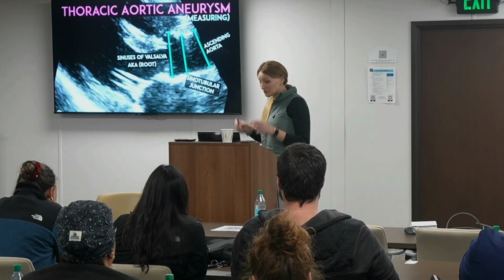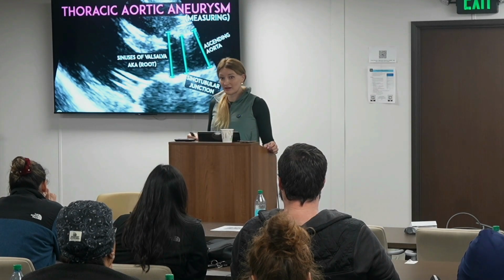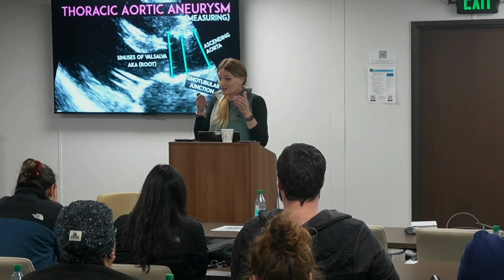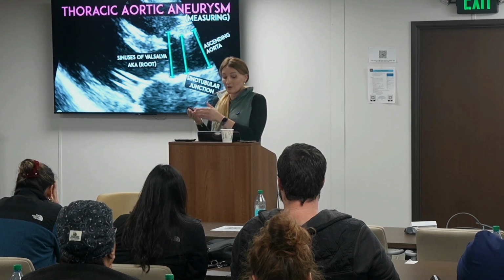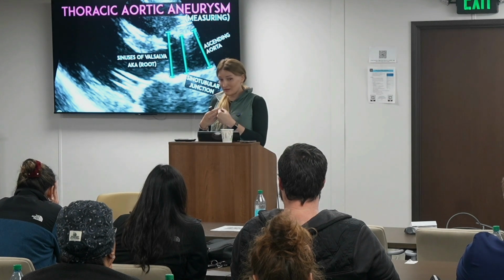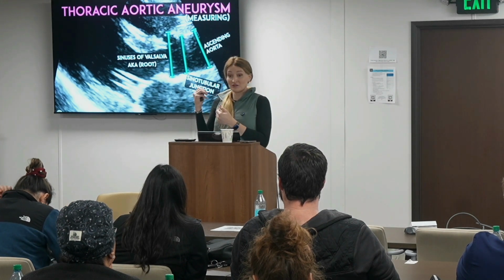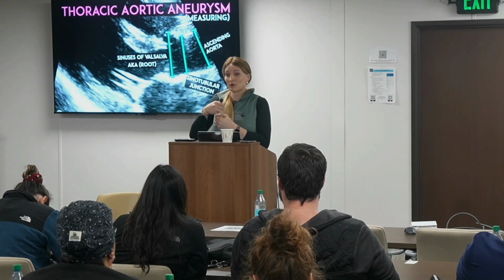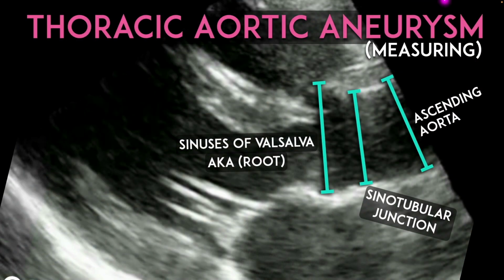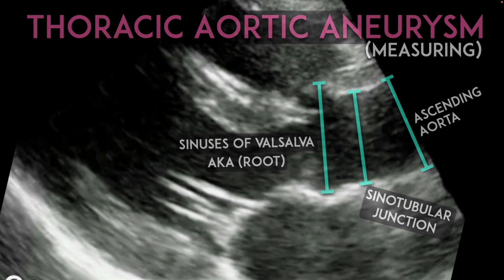If you really do what I do and nerd out in cardiology literature for 3 days this past week, there's a lot of different numbers for each of those things. But when you boil it down as far as what we ER people need to know, we just measure the widest. That's what we use our 4 or 4.5 centimeter cutoff for. Often it's going to be the sinus of Valsalva, right on the other side of the valve. But just measure the widest portion of it and take your measurement there.